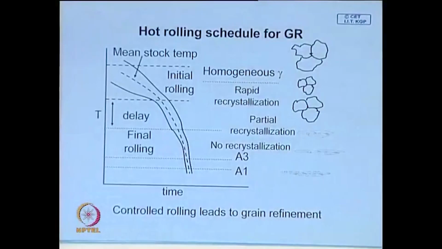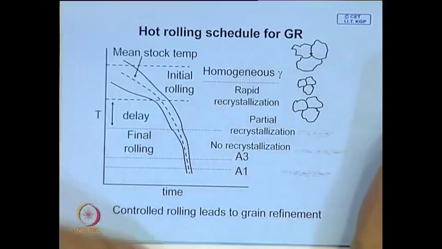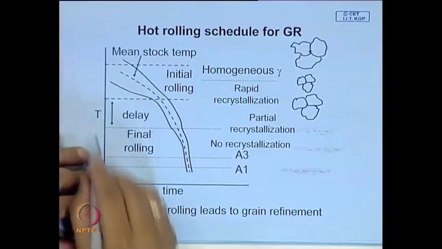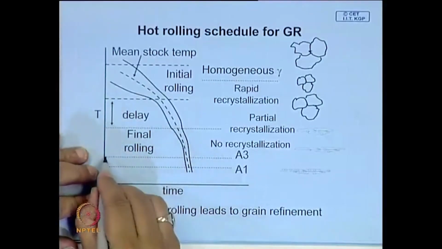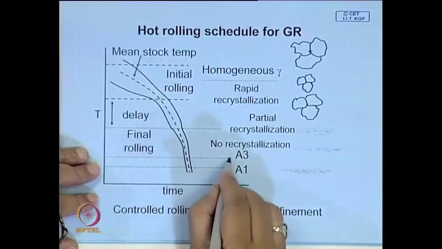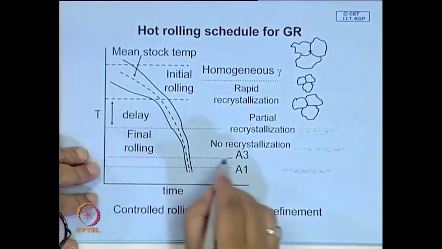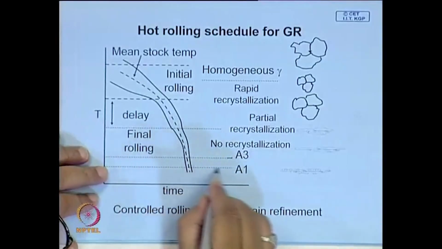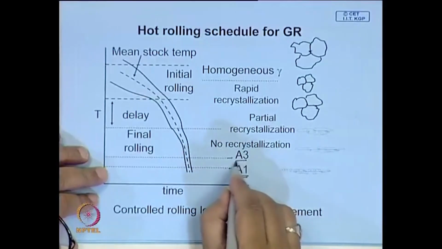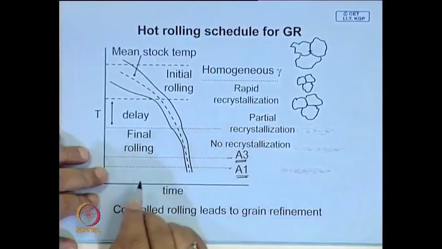Now, the question comes, how do we schedule our hot rolling, and here it is shown pictorially. This is a time temperature plot, and let us say these are the temperatures at which ferrite formation is possible, and this is the temperature at which pearlite may form in the steel. So, these are the equilibrium temperatures.